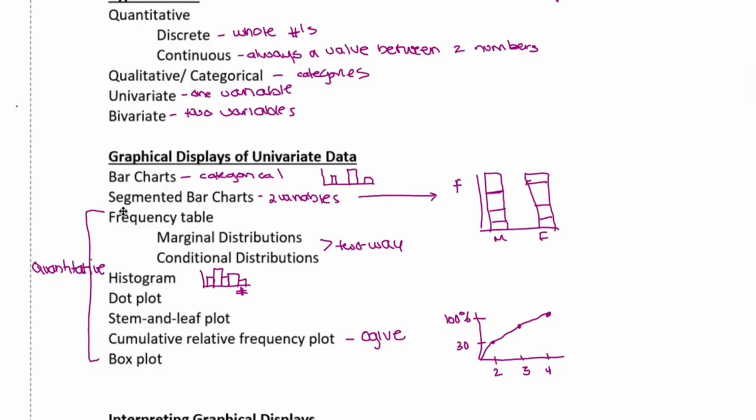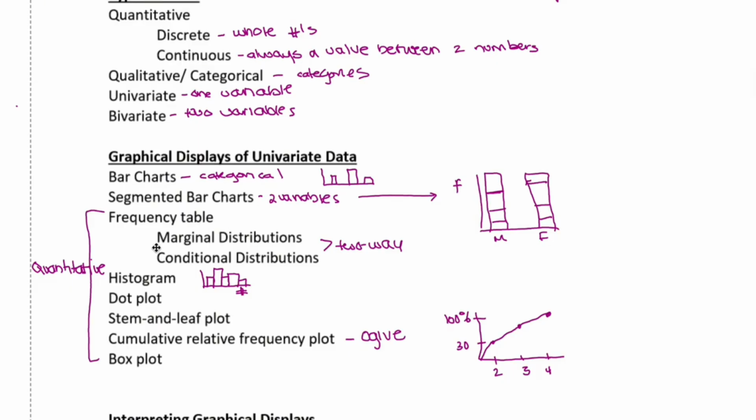And segmented bar charts are basically for two variables. It still looks like a bar chart, but instead of each bar representing only one category of a variable, both the x and y axes have variables. So one bar mainly contains two variables.